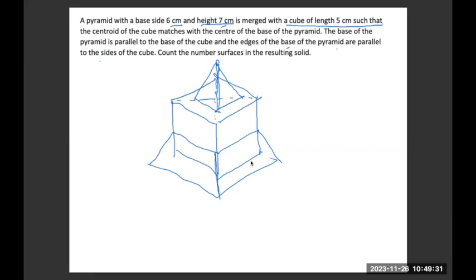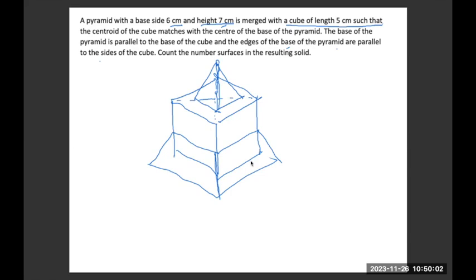Height is 7. The cube's size is 5. And the centroid is merging. Where's the centroid?